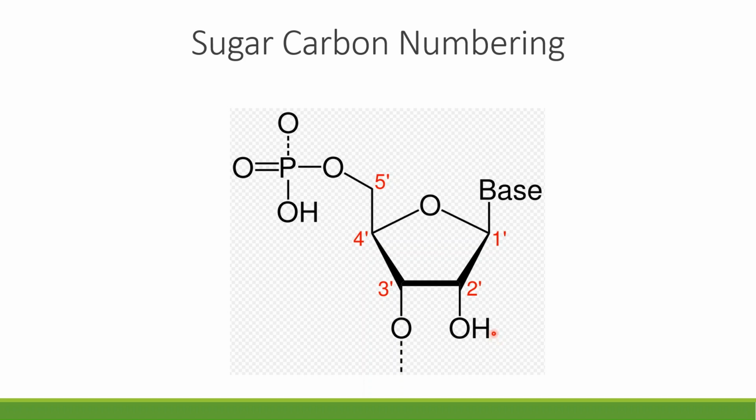Would make up a ribonucleic acid, or RNA. And if this was just a hydrogen, no oxygen, then this would be a DNA. In other words, deoxyribonucleic acid. The third prime carbon here is the one that can be used to bind to the phosphate of a different nucleotide. And the fifth prime carbon forms this flag that holds on to the nucleotide's own phosphate group.